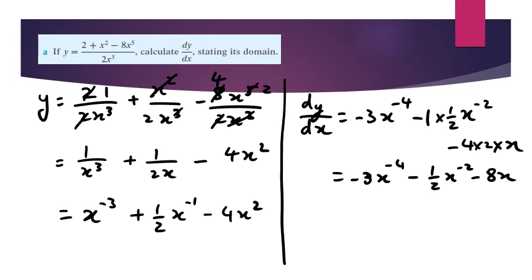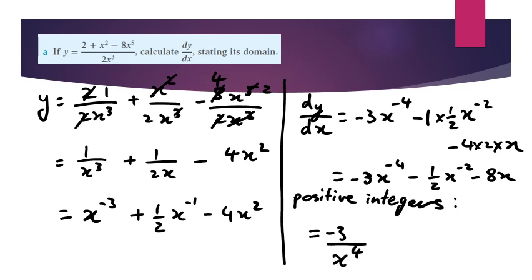So if it says you need to write in positive integers, then make sure you change all of your fractions, all of your negatives into positives. Okay? If you were to do that, remember that's a fraction, so you just take the x down. Same with this. Like so.